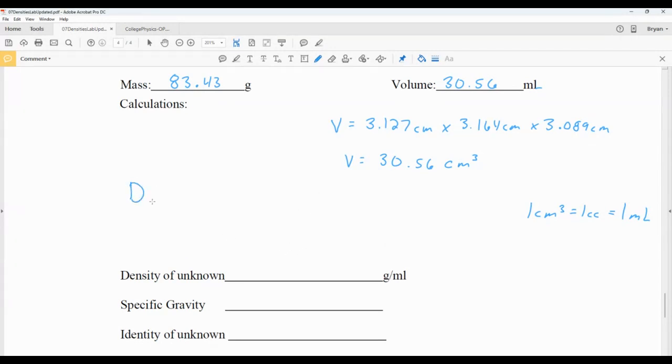So we go ahead and find the density, same way we have before. Density just has a mass on top divided by a volume. So for our value, 83.43 grams divided by the volume that we had to calculate, 30.56 milliliters.